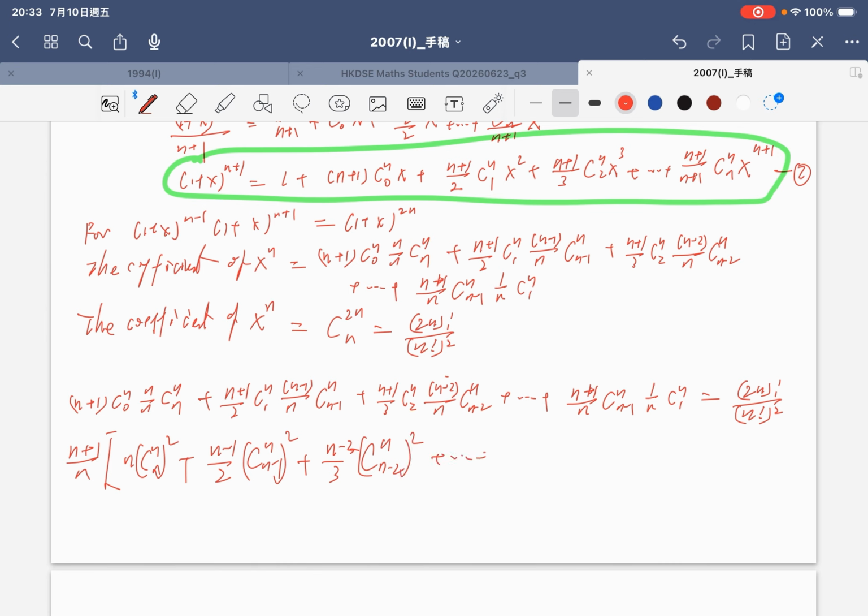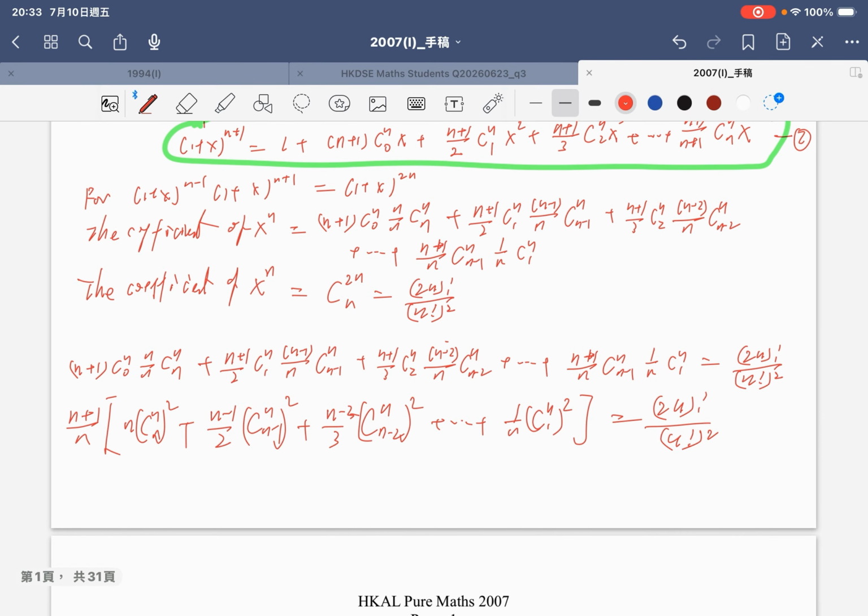And finally, we go to our target already, because factorizing this outside, we only have this one, and change nC(n minus 1) into nC1. That is (1 over n, nC1) all squared, equal to (2n) factorial over (n factorial) squared.